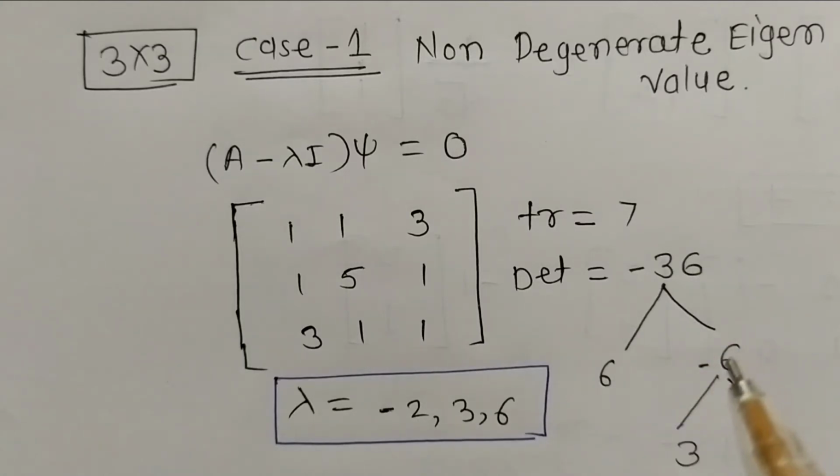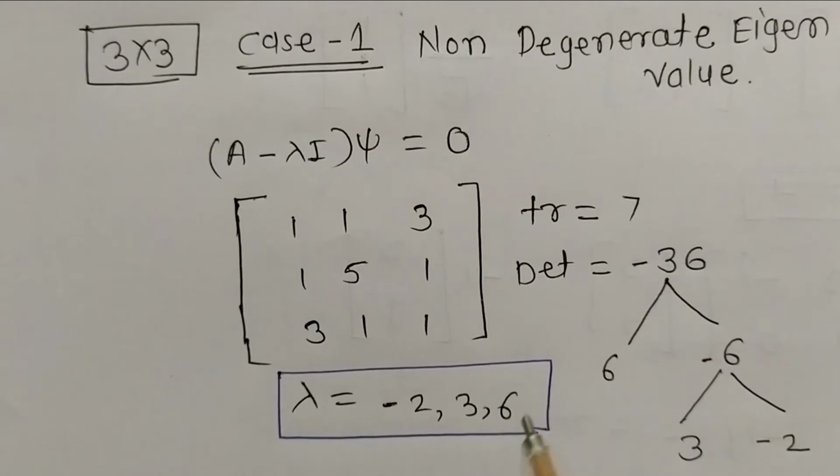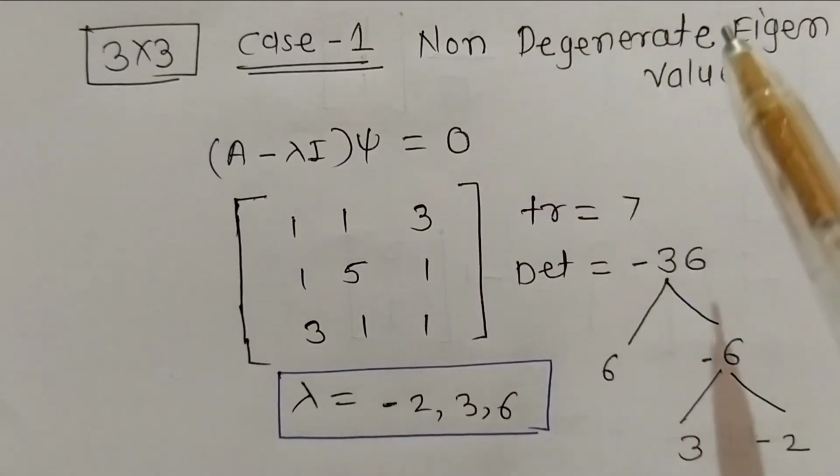So we again find the product for minus 6, that is 3 into minus 2 is minus 6. So the addition of 3 plus 6 minus 2 is 7. So these are our eigenvalues. So minus 2, 3, 6 are our eigenvalues.